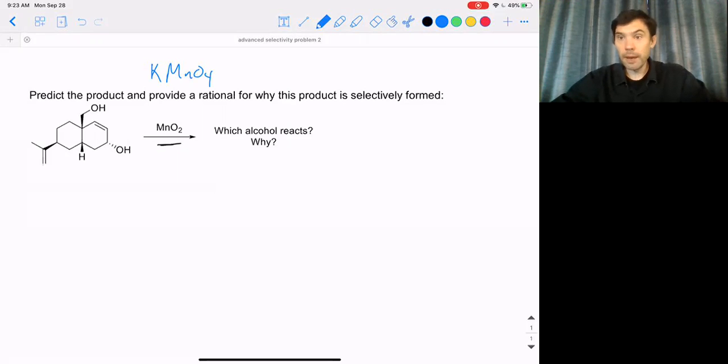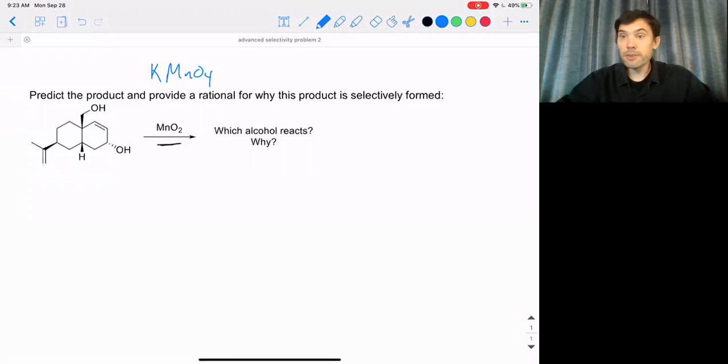Permanganate is a much more powerful oxidant than MnO2. Actually, MnO2 is kind of an ugly rust color, and it's typically the byproduct you get from using permanganate. So why would we choose this more mild oxidant, manganese dioxide?